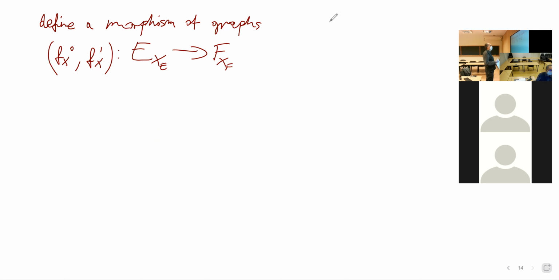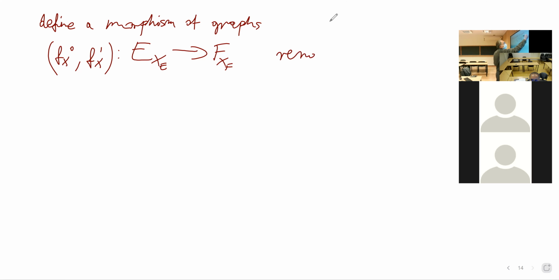That's part of the proposition. And then it's obvious that they render the diagram, which I will draw, commutative.